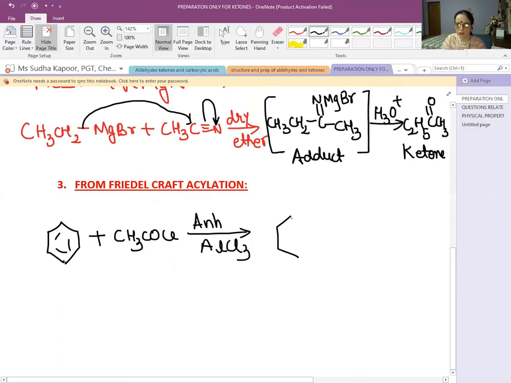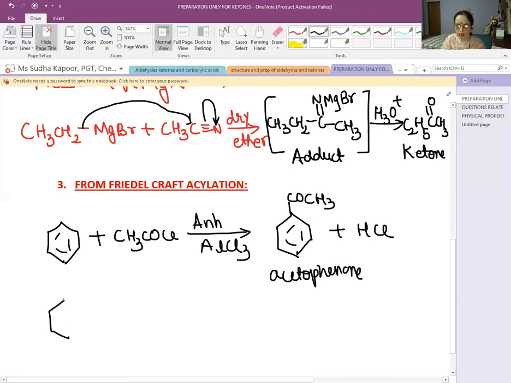The electrophilic substitution takes place. We get COCH3, that is acetophenone, along with the removal of HCl.